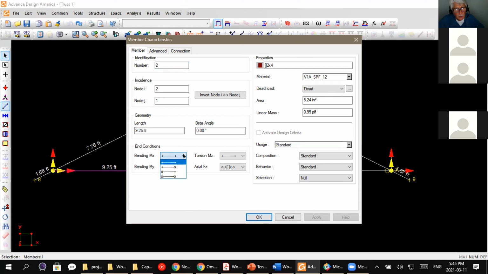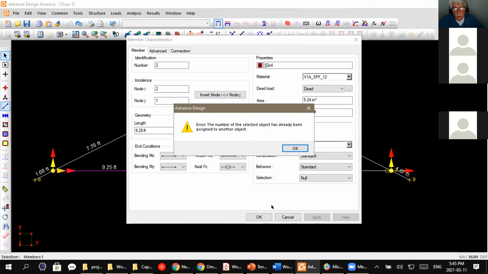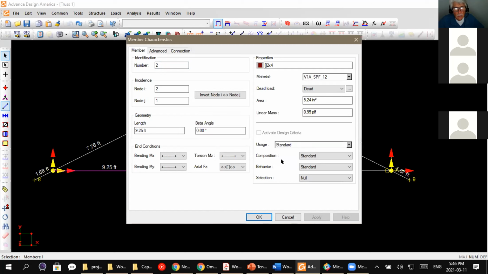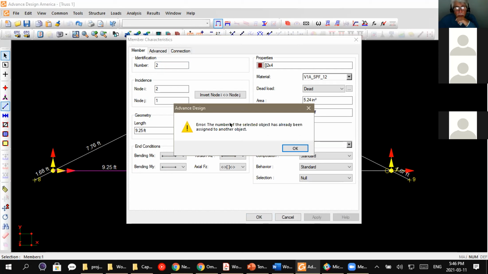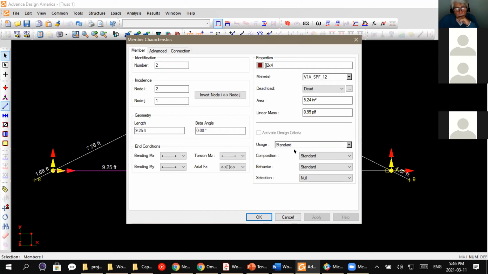Because it's not only this member. If I try it on another member, I think that's what's going on. I think there's something wrong. Well, there is something wrong because you're getting the number of selected objects has already been assigned to another object.